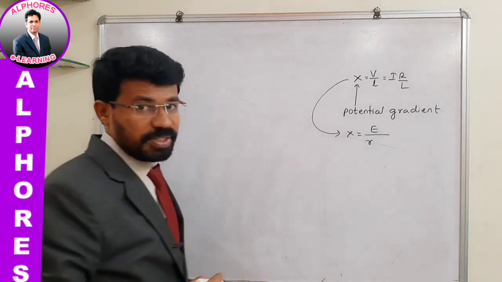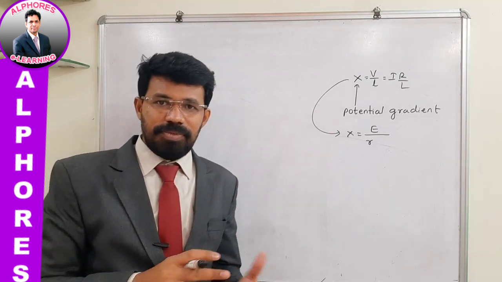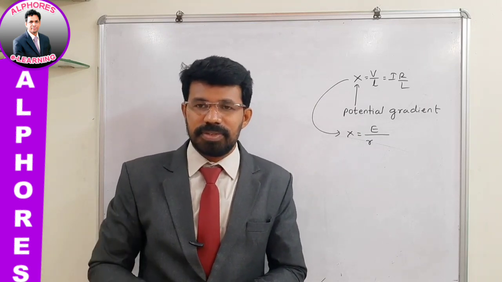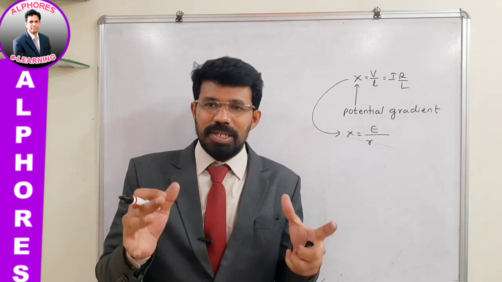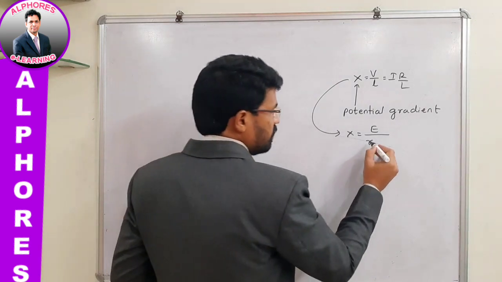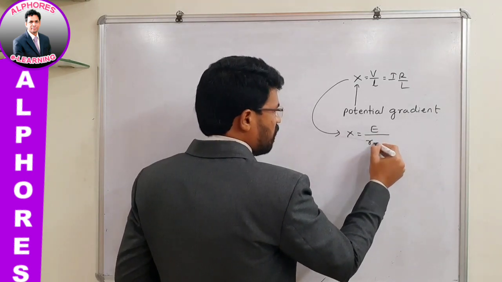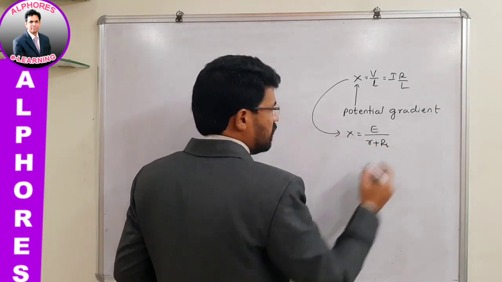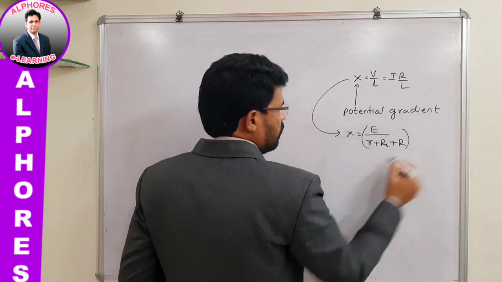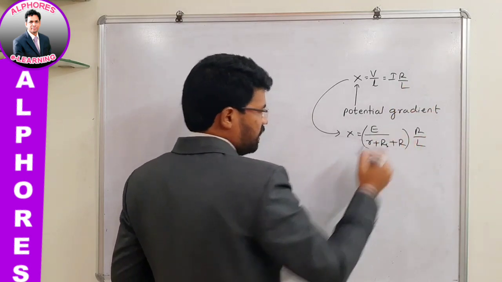As I told you in the potentiometer, the main circuit is called the primary circuit, and if the potentiometer is connected to some other circuit, that is called the secondary circuit. In the primary circuit, the resistance is the internal resistance of the cell plus the series resistance plus the resistance of the potentiometer wire. So this is what I is, the current in the potentiometer wire.